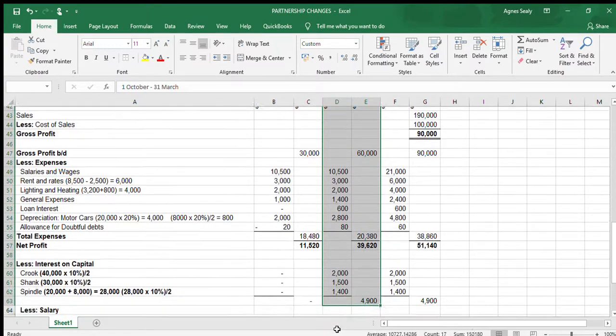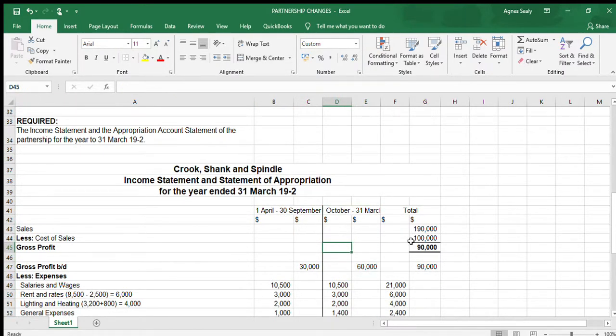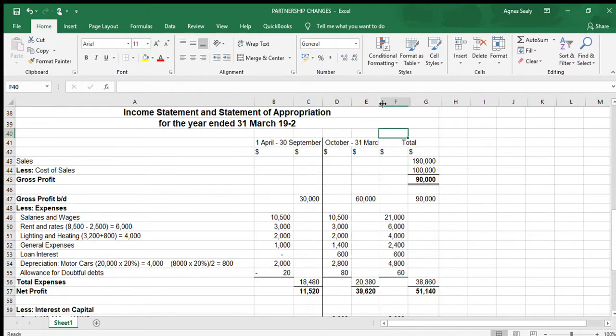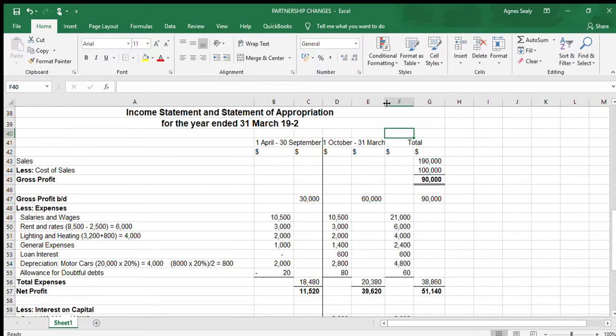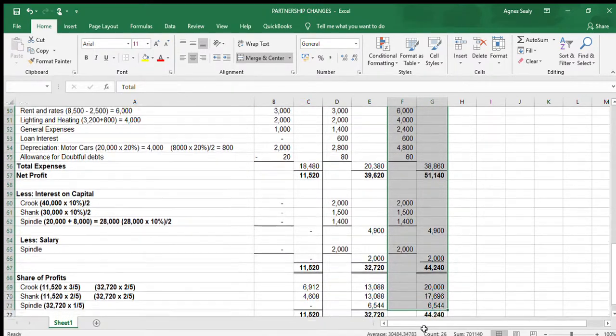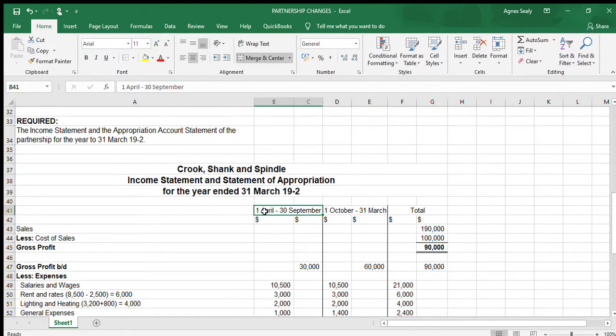Select here, separate the periods, so you can see a clear separation of the periods. So you will see that this is our period here of April to September, October to March, and these are totals.